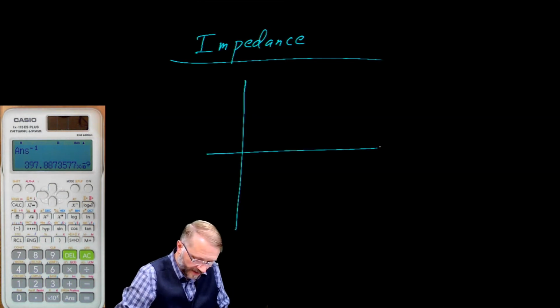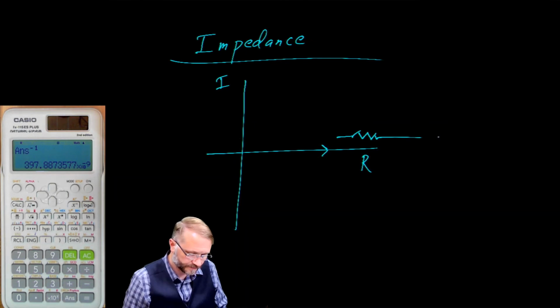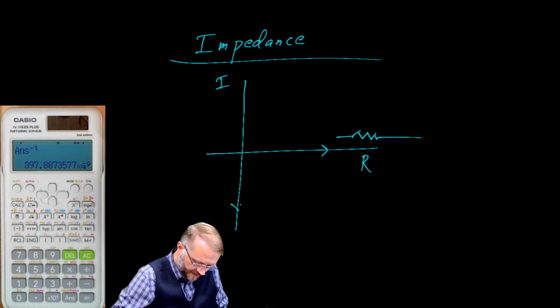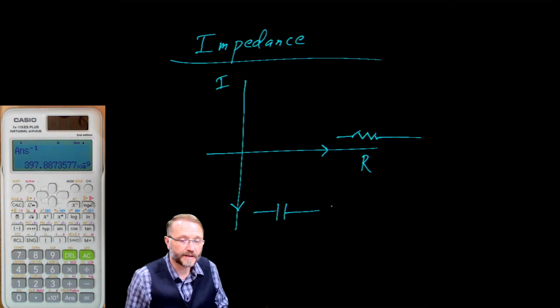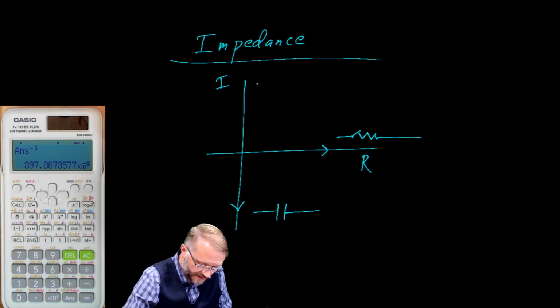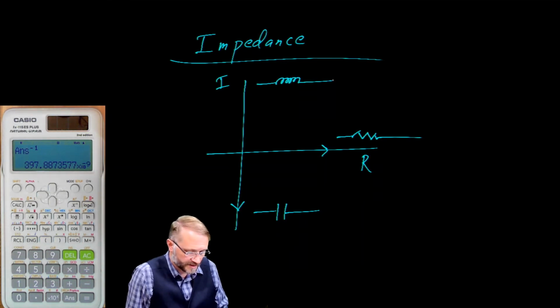So if we were to look at this real and imaginary plane, we would say that resistors live in the real world. Capacitors live in the imaginary plane, but they're negative creatures. The inductors live in the imaginary plane, but they're positive creatures.